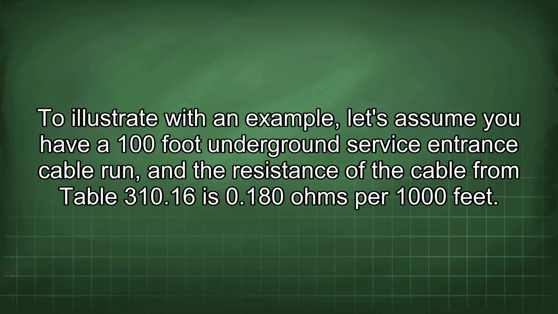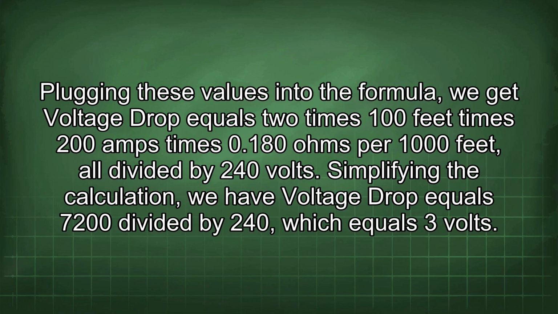To illustrate with an example, let's assume you have a 100-foot underground service entrance cable run, and the resistance of the cable from Table 310.16 is 0.180 ohms per 1000 feet. Plugging these values into the formula, we get voltage drop equals 2 times 100 feet times 200 amps times 0.180 ohms per 1000 feet, all divided by 240 volts.